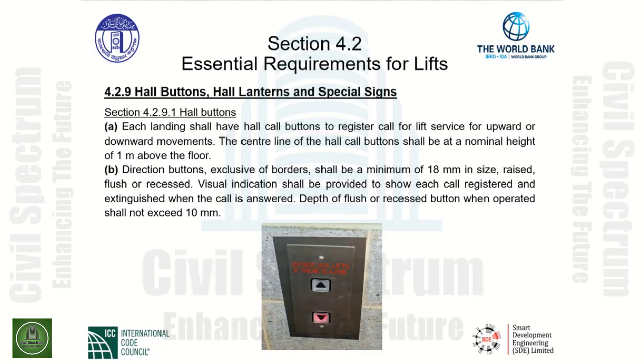Depth of flush or recess button when operated shall not exceed 10 millimeters. Again, we see some specific dimensions regarding direction buttons and the distance from finished floor that the hall call buttons must be installed according to this particular area of our code.